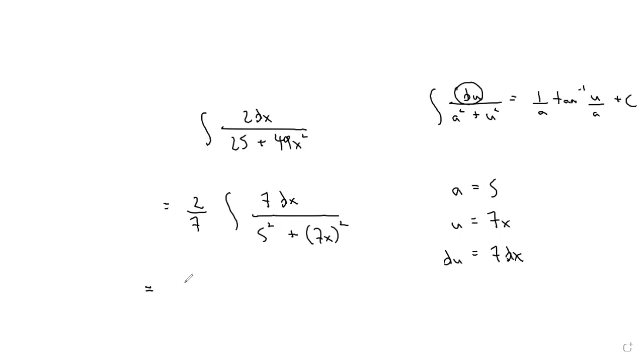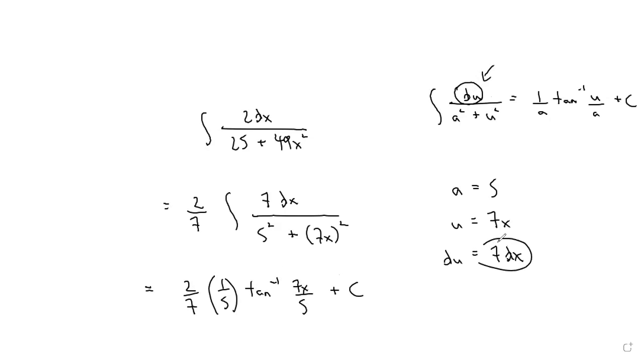So you would get 2 over 7, and then you can directly use our formula. The formula was 1 over a, so 1 over 5, tan inverse, and then u over a is 7x over 5, plus C. Yes, very good point, because in the original generic formula you have du right there, and we did not originally have du on top.